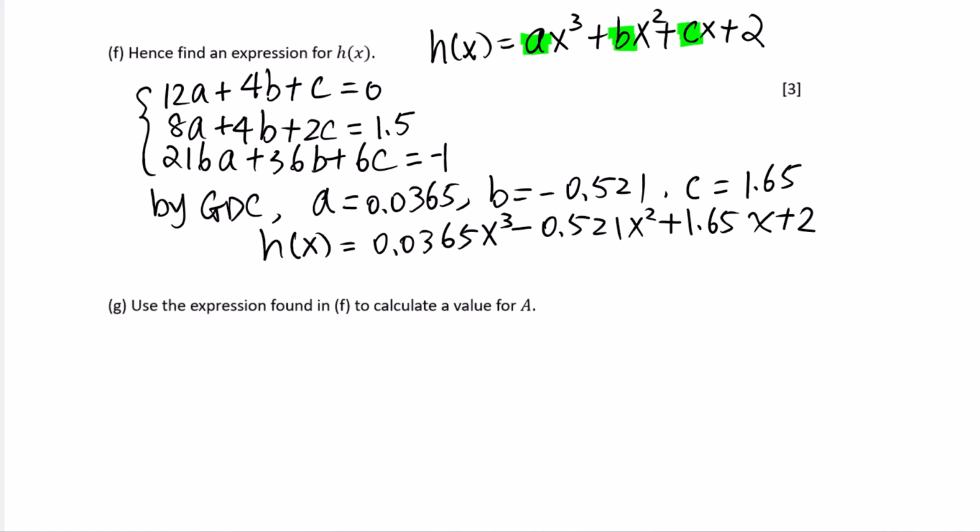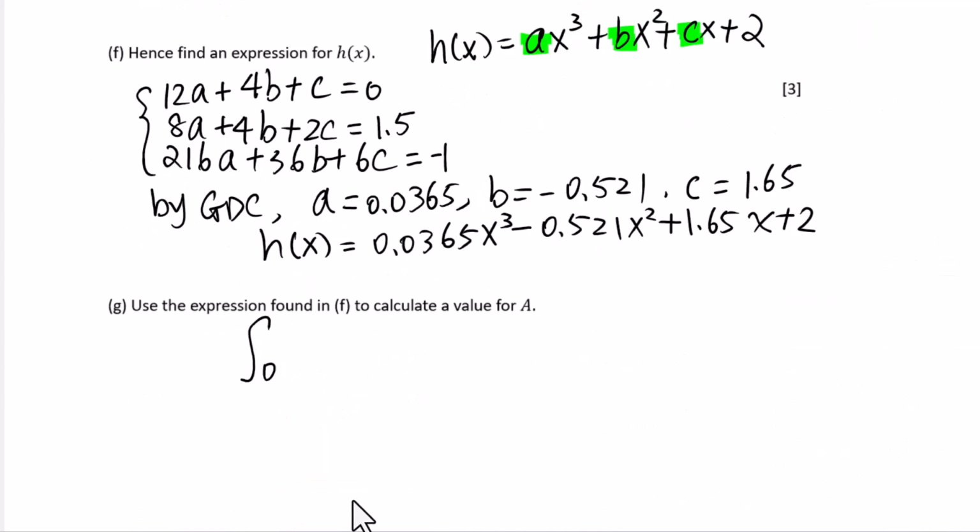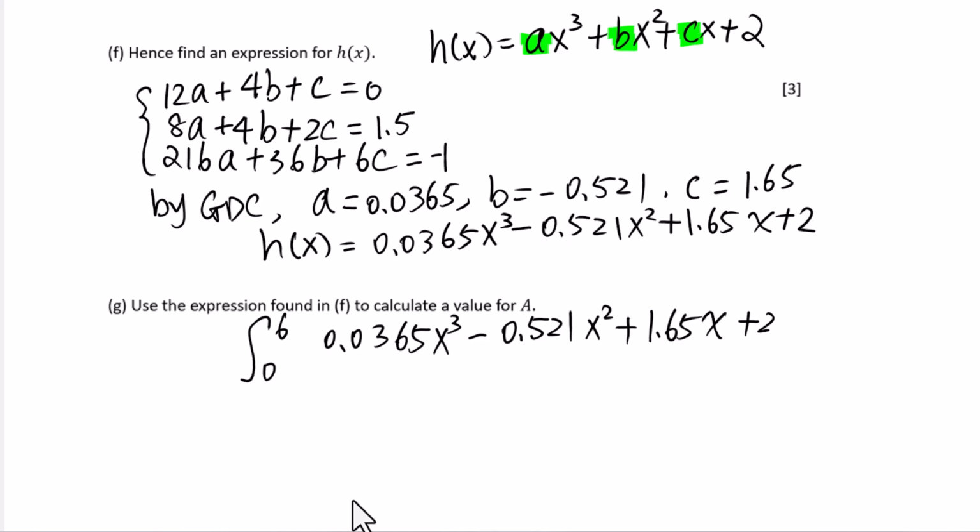Let's go to J. Use the expression found in F to calculate a value for A. We have to use the integral. Check this shaded area. It's from 0 to 6. The integral from 0 to 6 of 0.0365x^3 - 0.521x^2 + 1.65x + 2 dx.